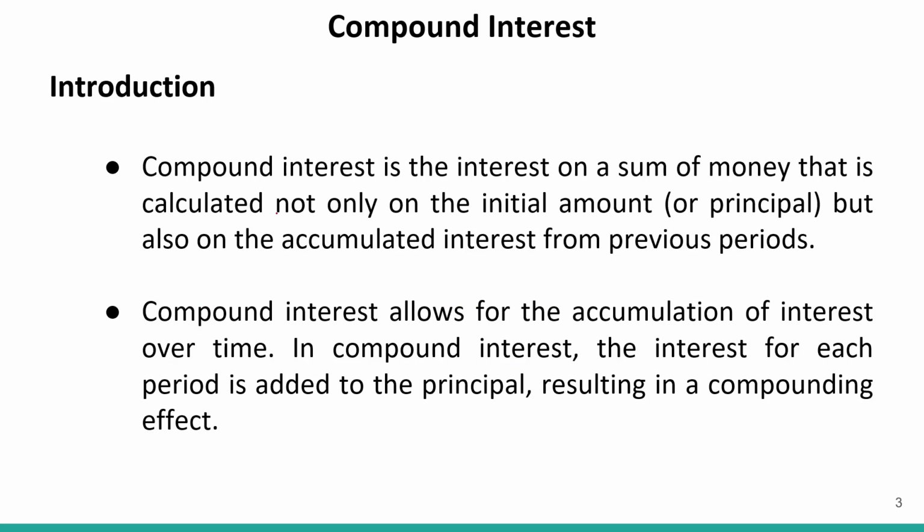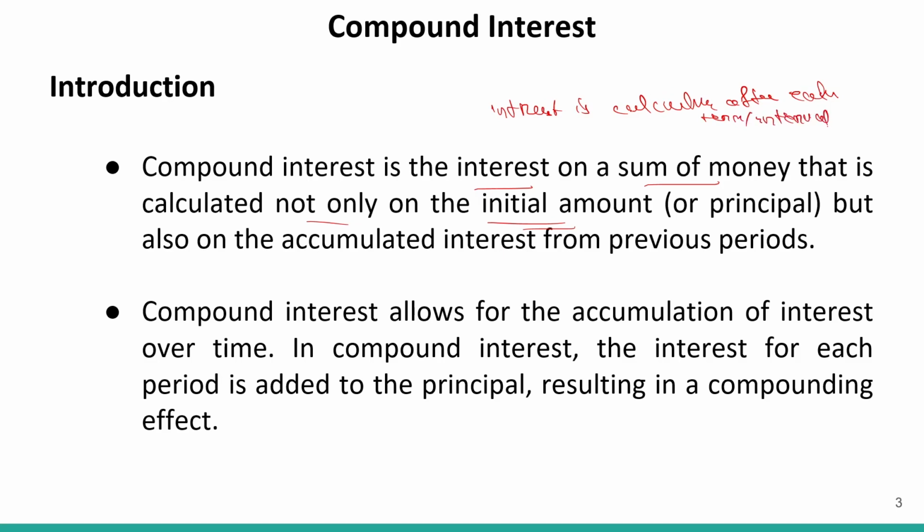So let's see what compound interest is and how it is different from simple interest that we have already studied. Compound interest is interest on a sum of money that is calculated not only on the initial amount. Interest is calculated after each term or interval.